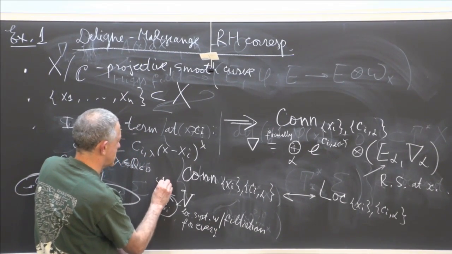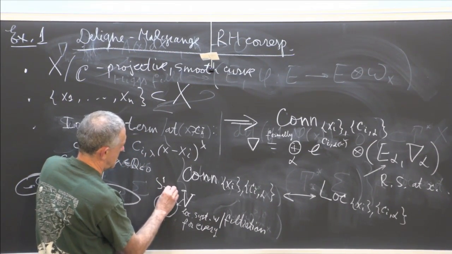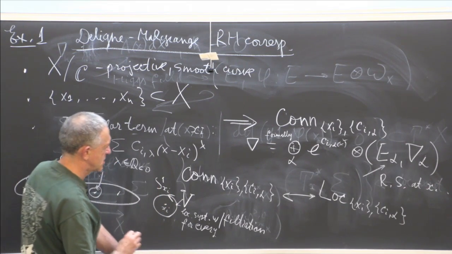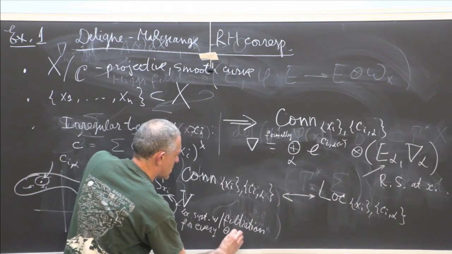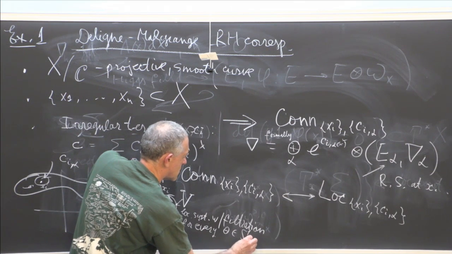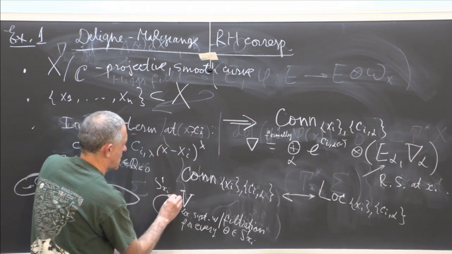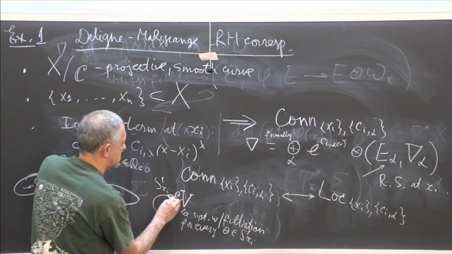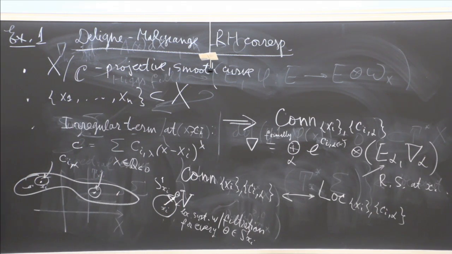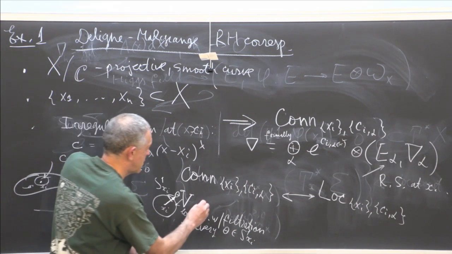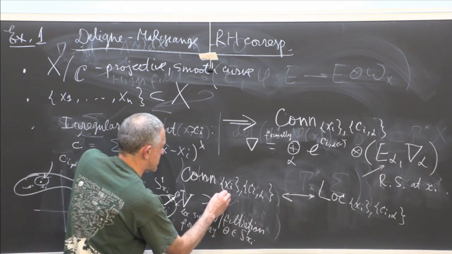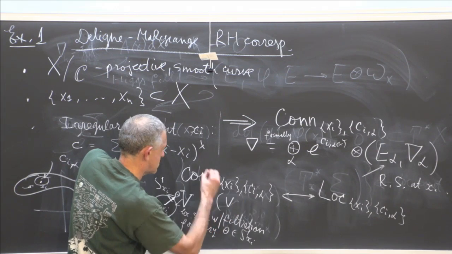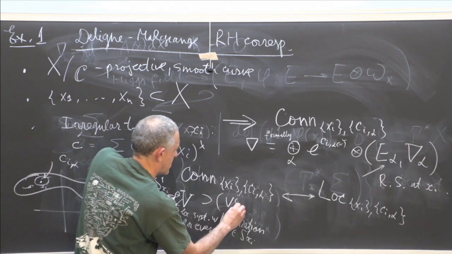For every direction theta, we have a fiber of the restricted local system, and it has a filtration.